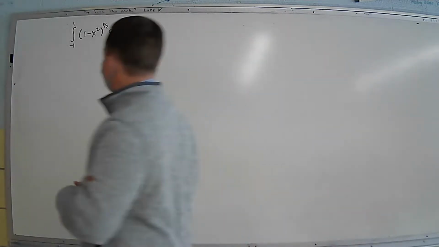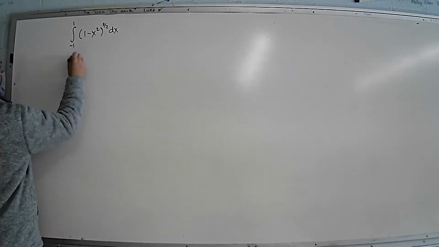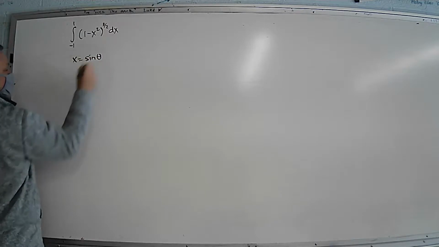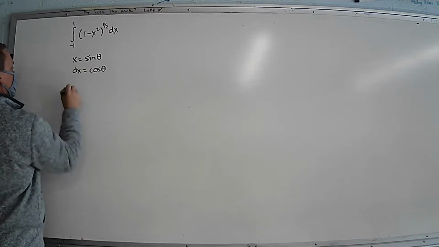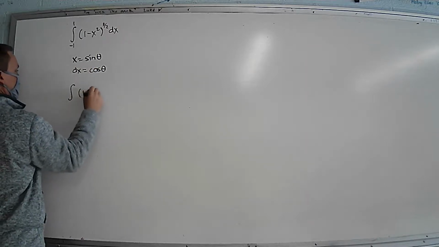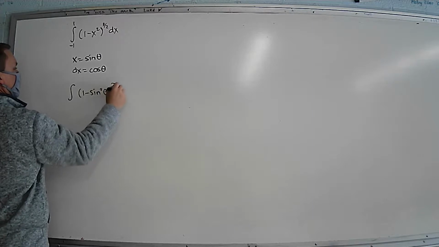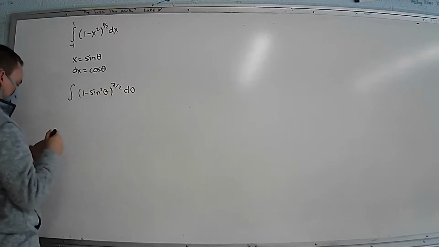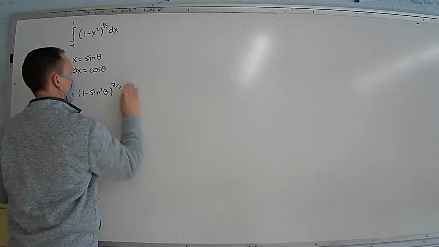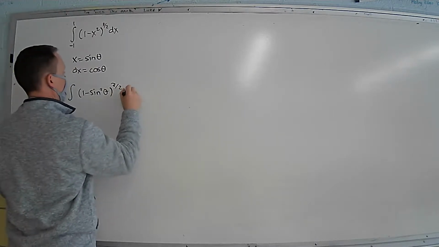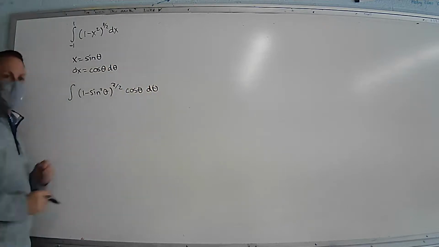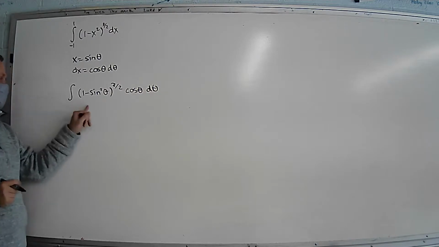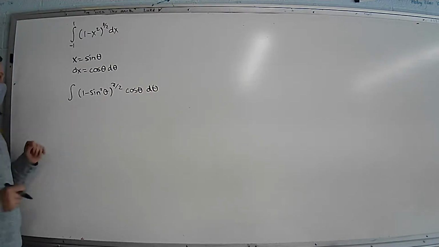All right, let's go ahead and do the substitution real fast. I hope everybody sees that it's x equals sine theta. That's pretty easy. So now we're at (1 minus sine squared theta) to the 3/2 power. Then dx is cosine theta d theta. 1 minus sine squared is cosine squared.